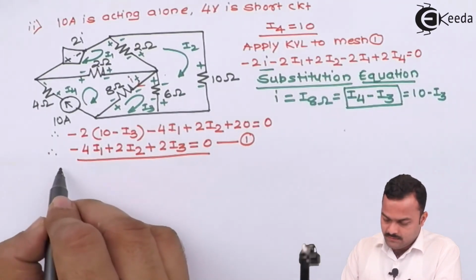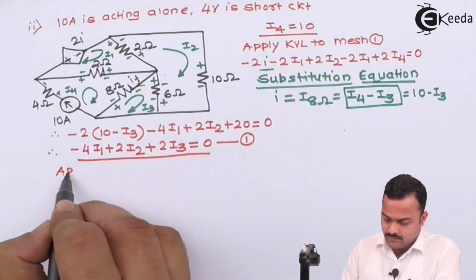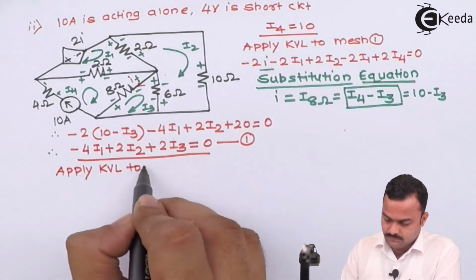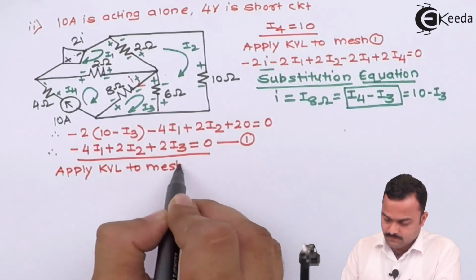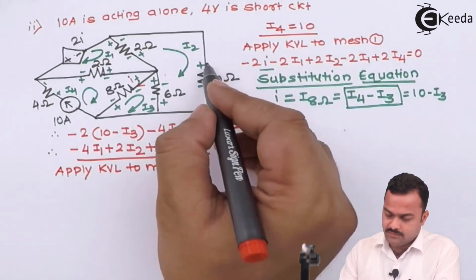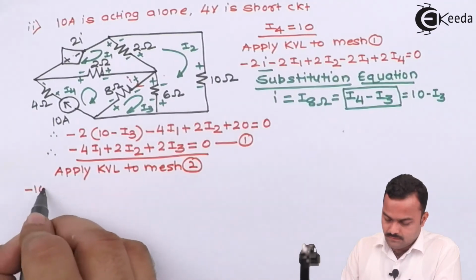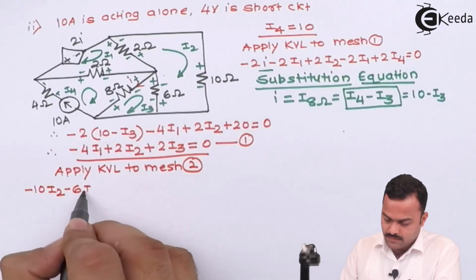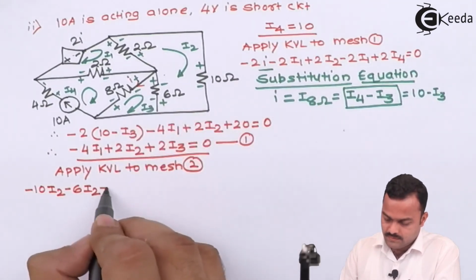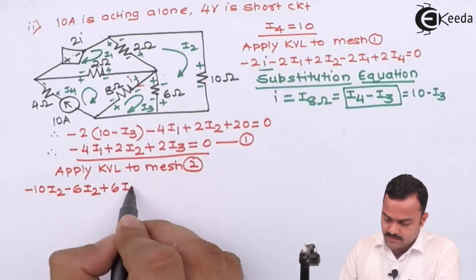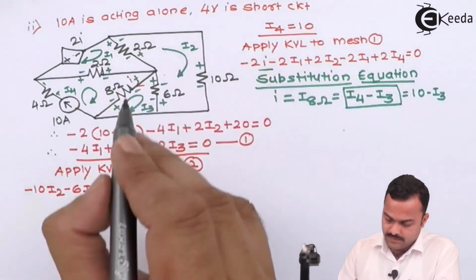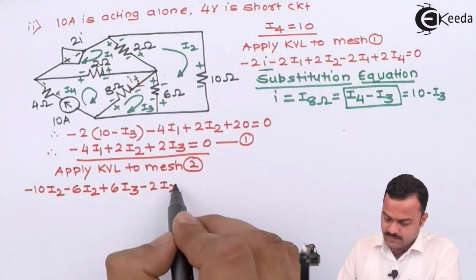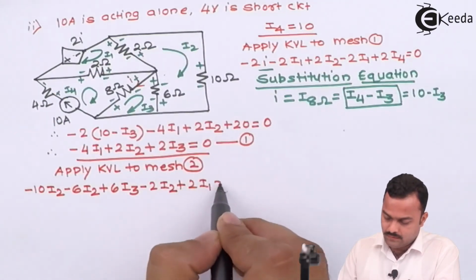Let's go ahead and apply KVL to mesh 2. Let's start from this resistor. So it's minus 10I2 minus 6I2 plus 6I3 minus 2I2 plus 2I1 equal to 0.